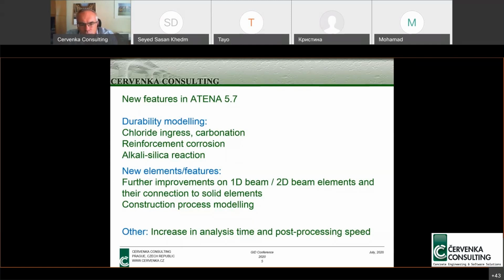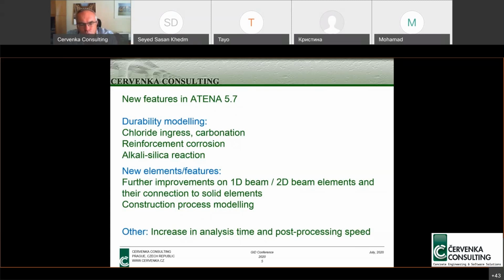But because it is sometimes tedious to model everything by 3D elements, we have also introduced 1D or standard equivalents such as 1D beams and 2D shells. The main advantage of these elements is that you can create very complicated global models where some parts can be modeled by beam elements and some parts by solid elements.